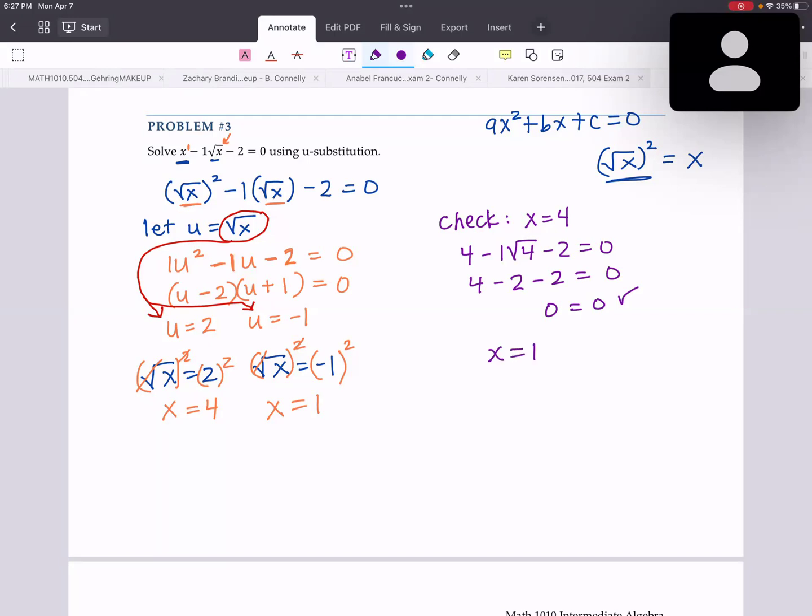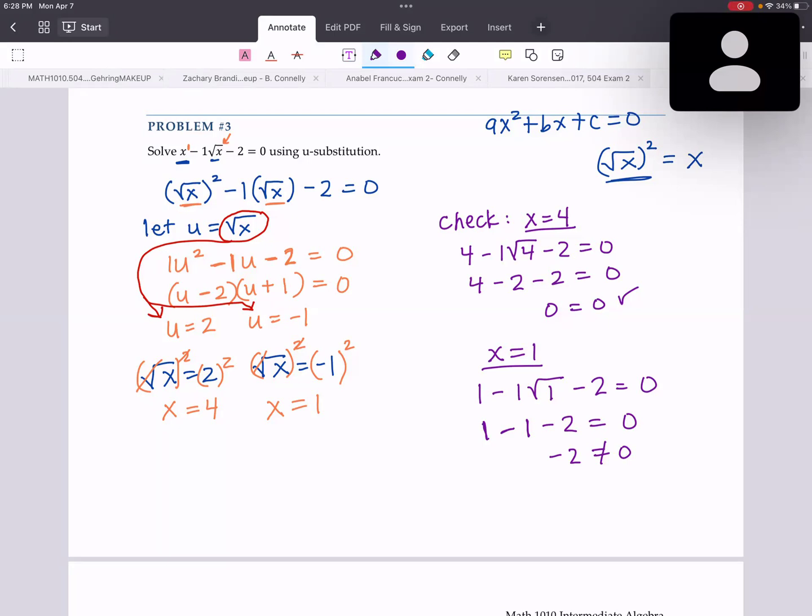X equals 1. So I've got 1 minus 1 square root of 1 minus 2 equals 0. So I've got 1 minus, well, the square root of 1 is 1, times 1 is still negative 1 there. And then minus 2, does that equal 0? Well, no, 1 minus 1 is 0, and so I've got negative 2 equals 0, which is not true.